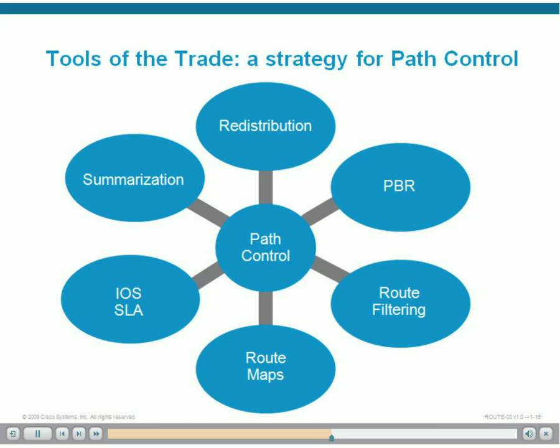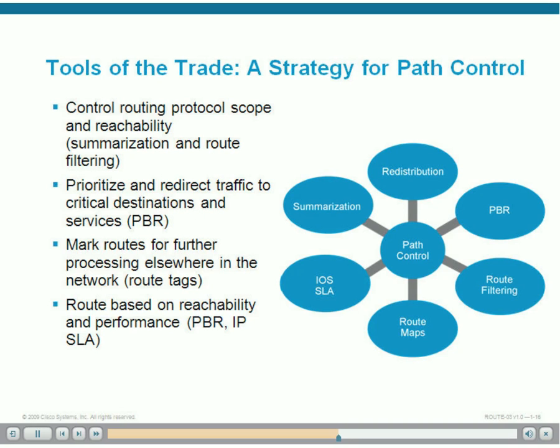Our demonstrations will show that path control is not an isolated tool or command. It is a combination of several tools, from the basic passive interface command to the more advanced controls based on IP/SLA. It is important, however, to build a strategy around the tools and technologies for path control.